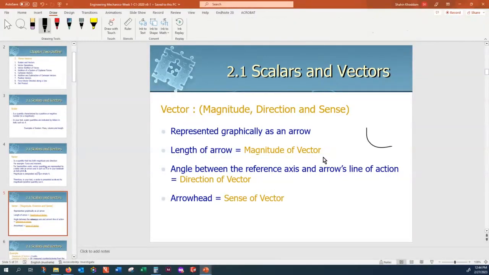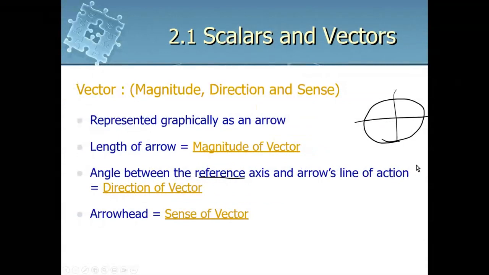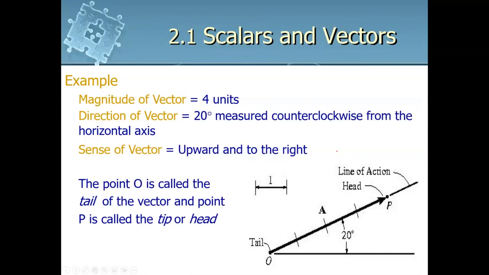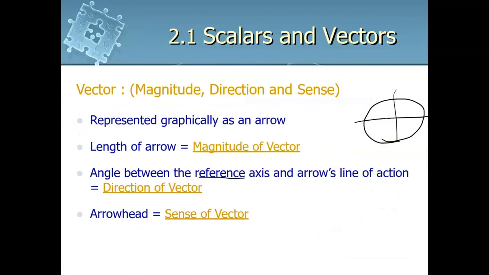So I tell you, look, this is a trigonometric circle. Let me just enlarge this. All right, so this is the trigonometric axis. This is the y-axis, this is the x-axis, and then you have an arbitrary vector force. What is the direction of this?